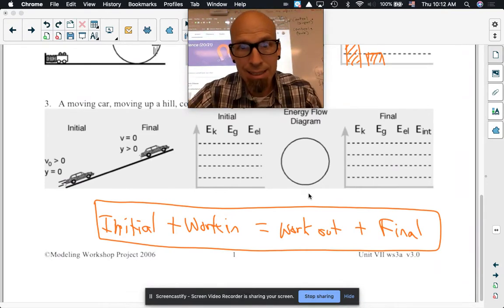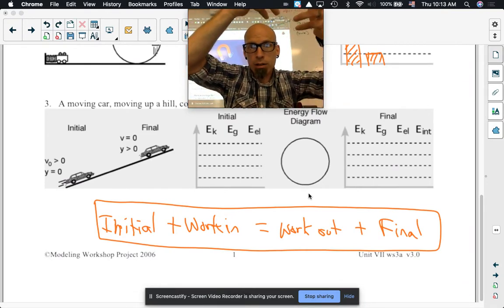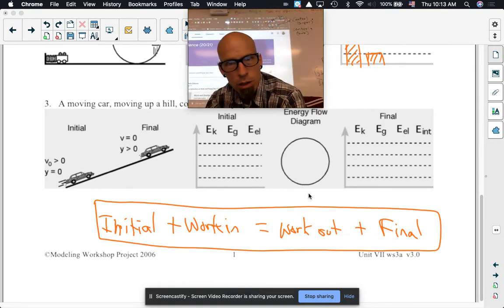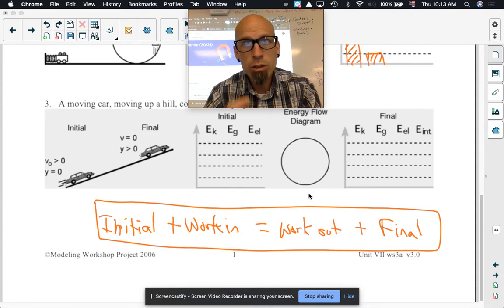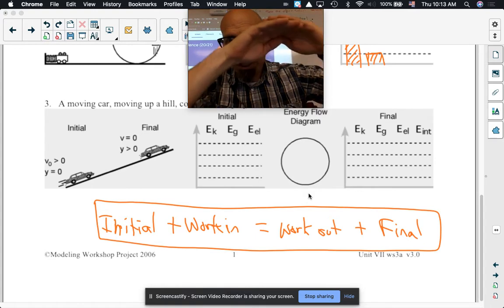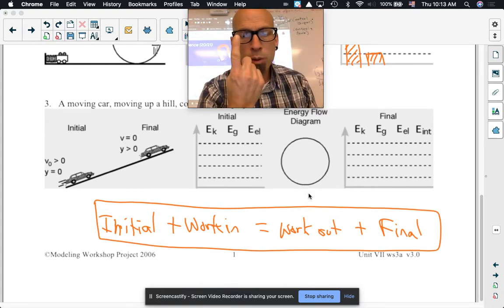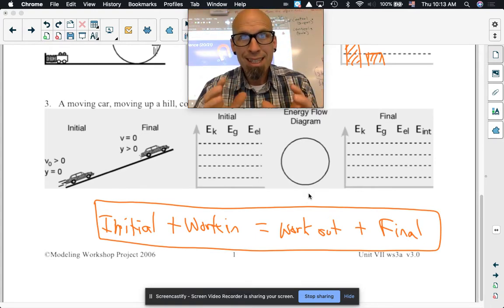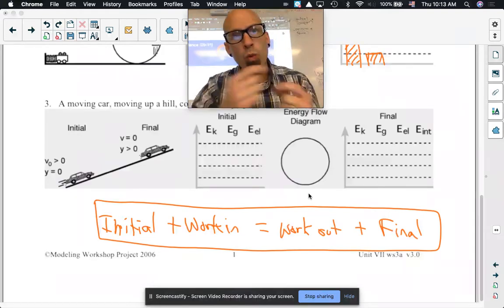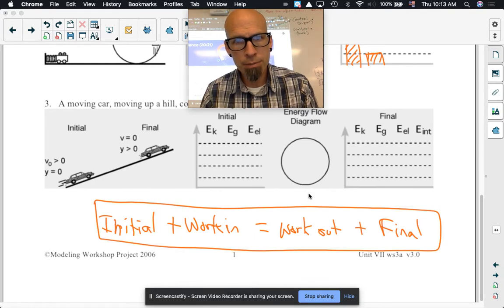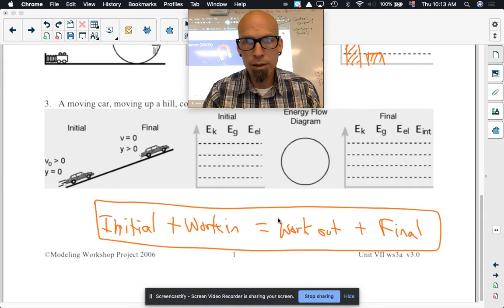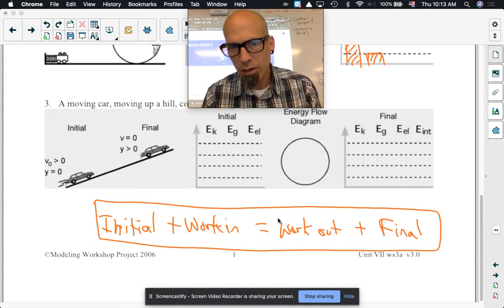I could also take that same object off of the higher level it's on, pick it up, and lower it down to a lower level. I still have to exert a force to do that. Only the position change now is in the opposite direction of the direction I'm pushing, which means it's technically kind of like negative work. I'm transferring energy away from the object by doing that work. So both of those could happen, and maybe we'll see one of those happen later on in these examples.